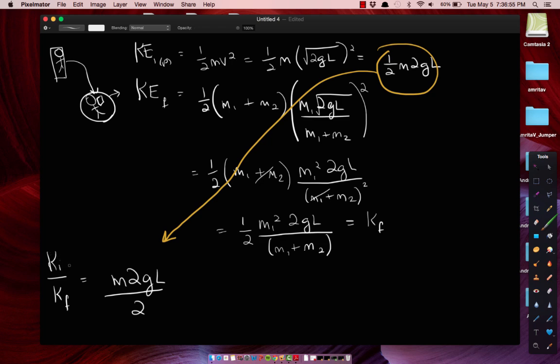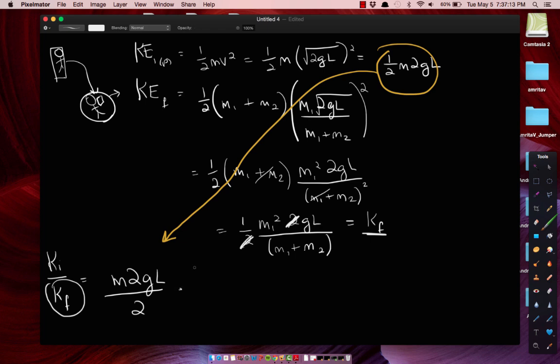So, 1/2 m 2gl over 2. And if we divide by a fraction, we're simply multiplying by the reciprocal of it. So here I'm just going to cancel these because they're useless. So we multiply by this reciprocal.